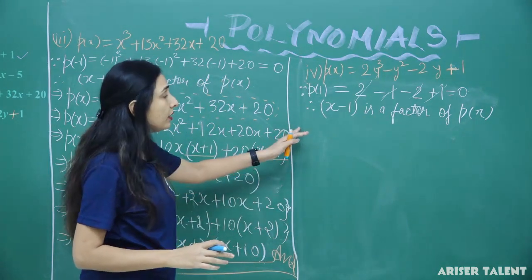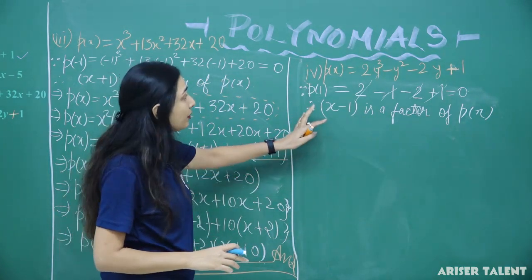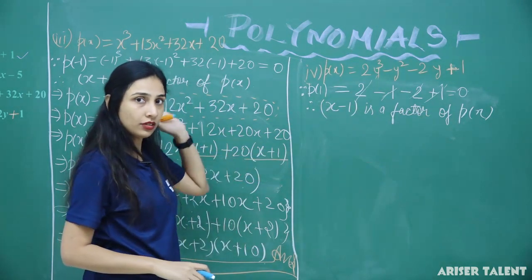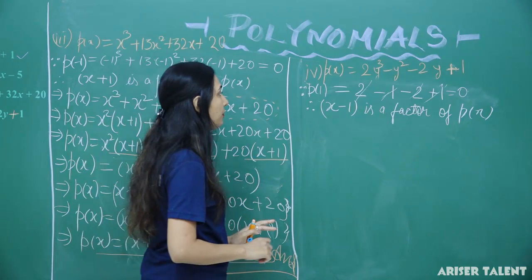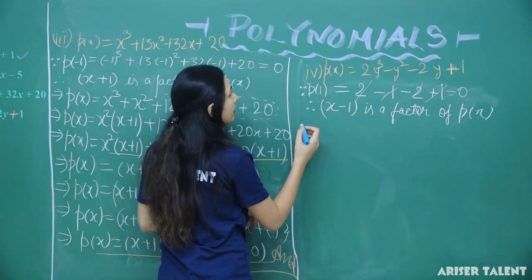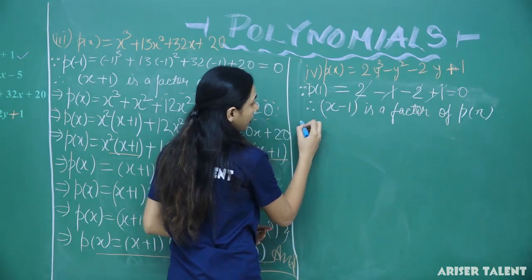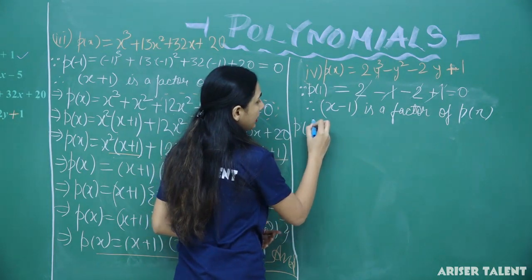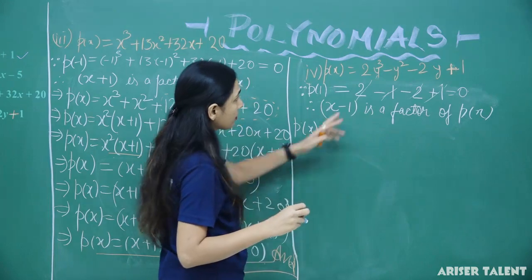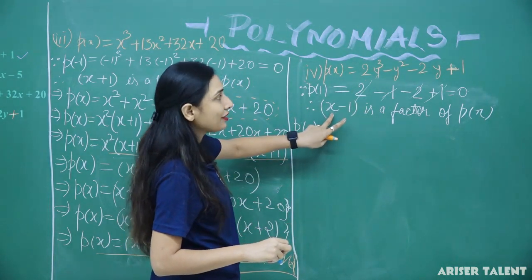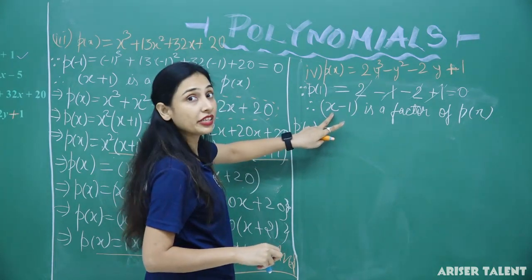That means this is a factor. Now if this is a factor, what we have to do is simply follow the procedure we have taken in the previous question. So then what will we do, students, is simply write P(x) in such a way that 2y cube... this is our mistake here.